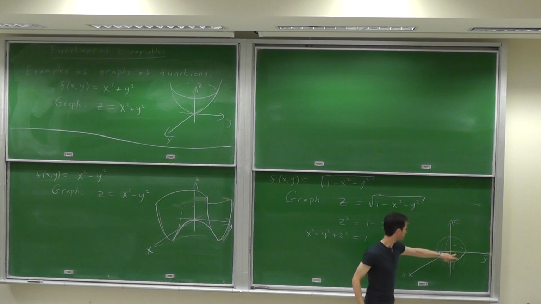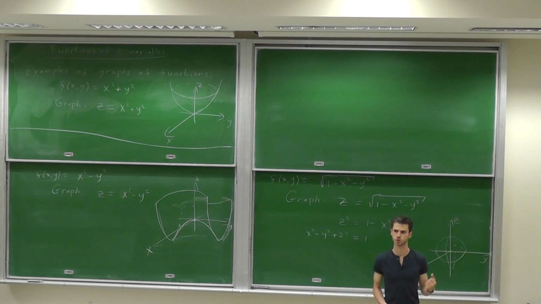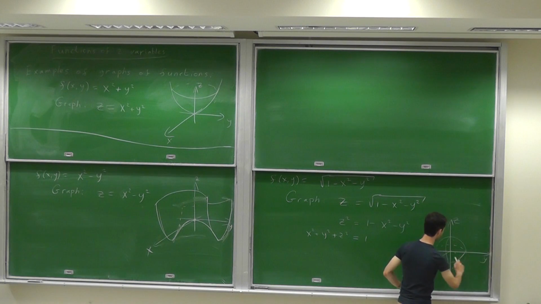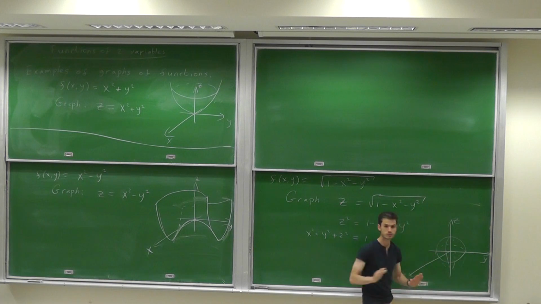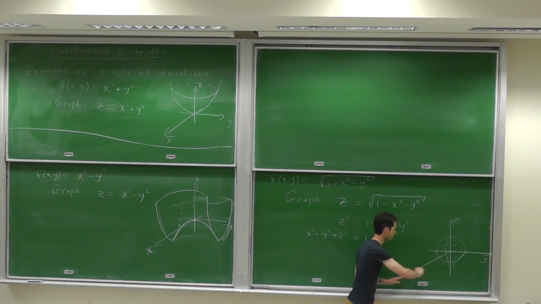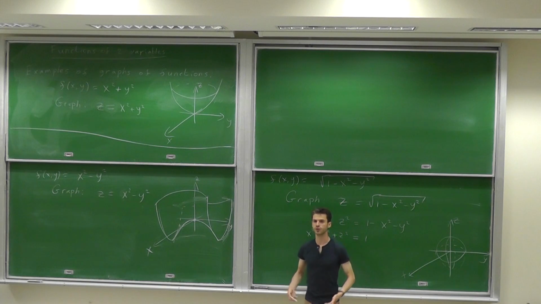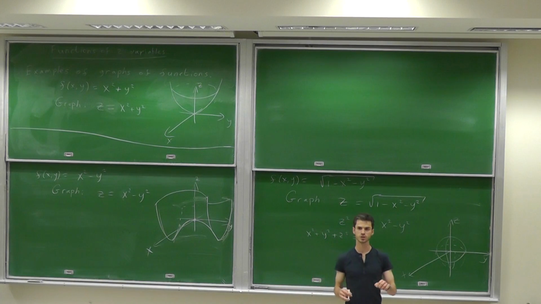What can we see about the value of f of xy on this picture? So fix some point x, y in this plane xy. This point is not on the sphere, it's in the plane xy. Its height is equal to 0. Now, the value of the function at this point is the height of the graph above this point.